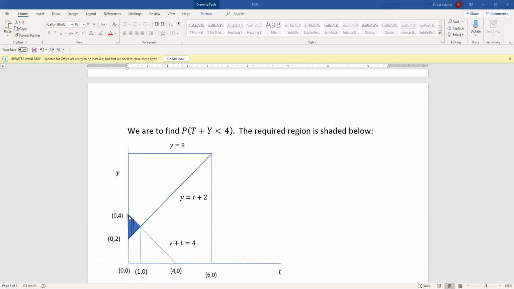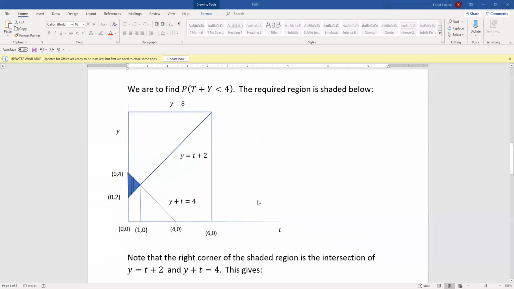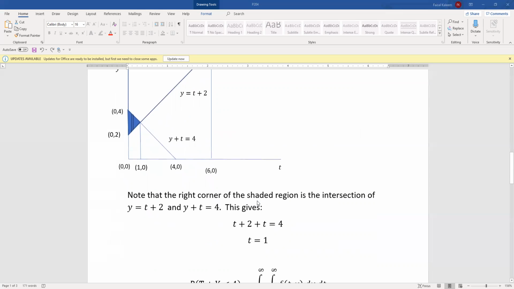So the part that is below this line and also part of the main region is this triangle. Now we need to figure out the bounds for the double integral. This is the line y equals t plus 2, so the lower end of this vertical strip is y equals t plus 2. And the upper end is at this line, where y will be 4 minus t.